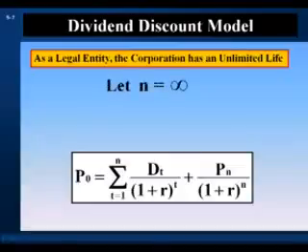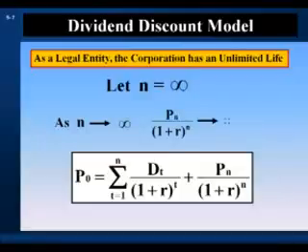Let's push the terminal price to the limit and have n, the investment horizon, go to infinity. As n approaches infinity, the present value of the terminal price gets smaller and smaller and approaches zero. Let's have the present value of the terminal price go to zero.